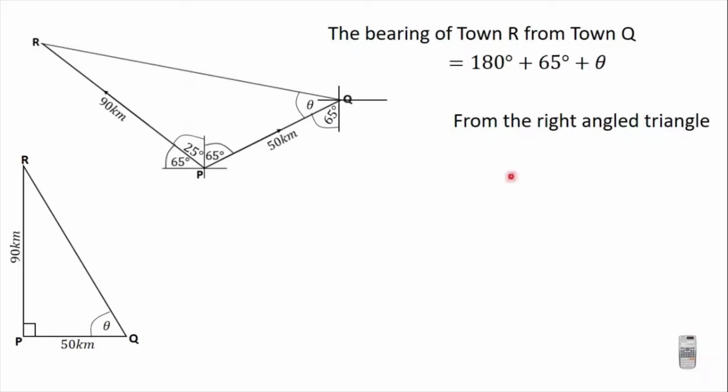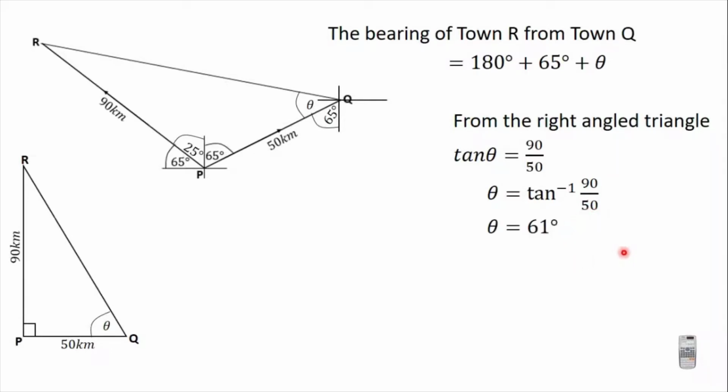From the right angle triangle, tan theta is equal to 90, which is opposite, divided by 50, which is adjacent to theta. In order to find theta, we find tan inverse of both sides. So theta is equal to tan inverse of 90 divided by 50.